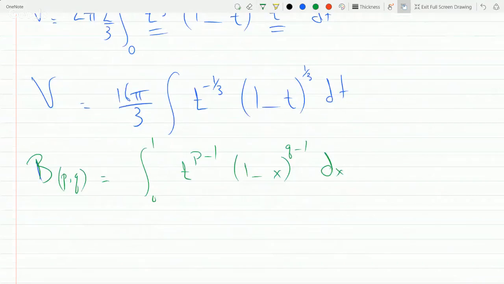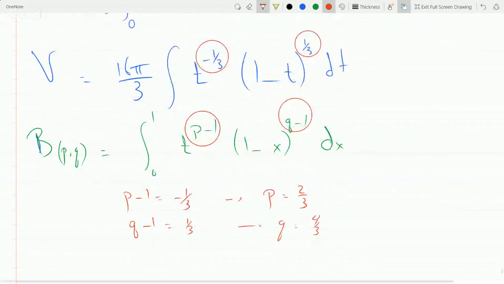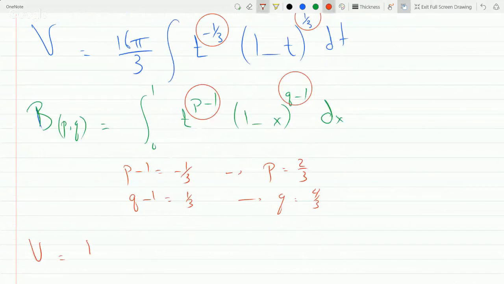So this guy has to equal this guy, and this guy has to equal this guy. So p minus 1 equals minus 1/3, so p is 2/3, and q minus 1 is equal to 1/3, so q is equal to 4/3. So that means V is just, right?